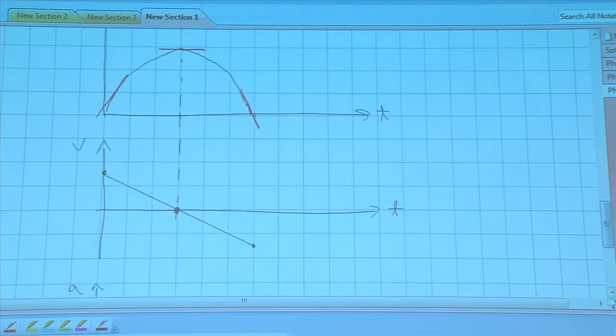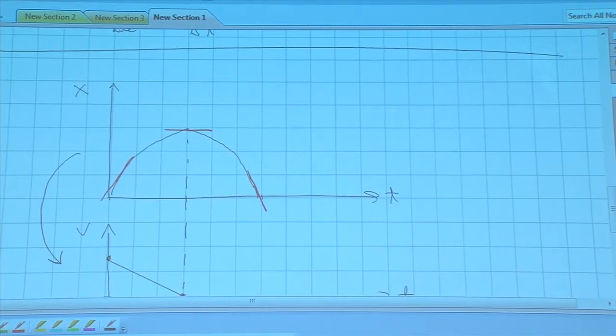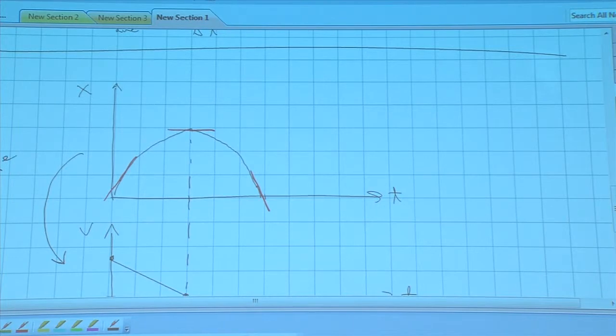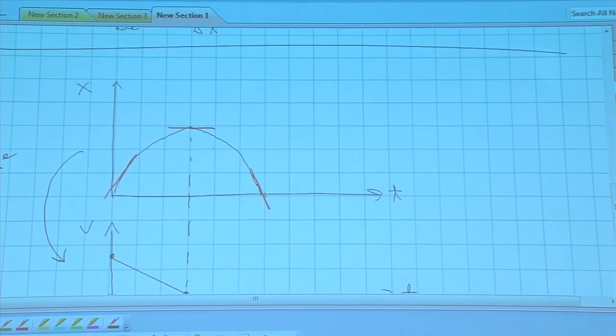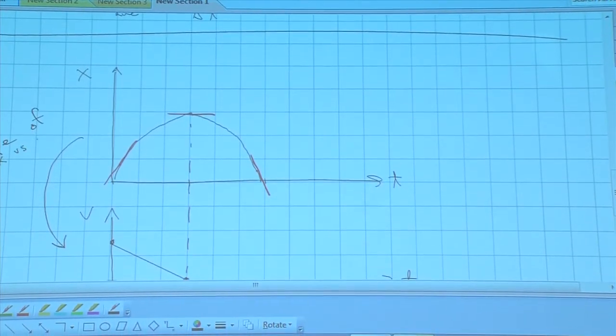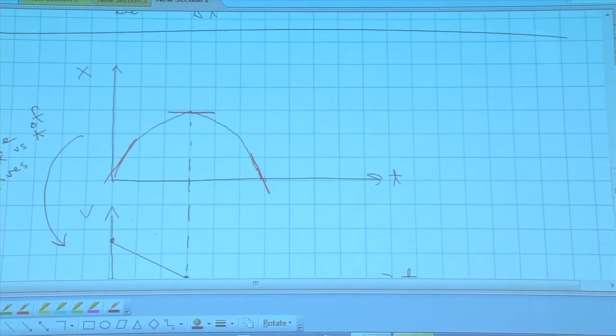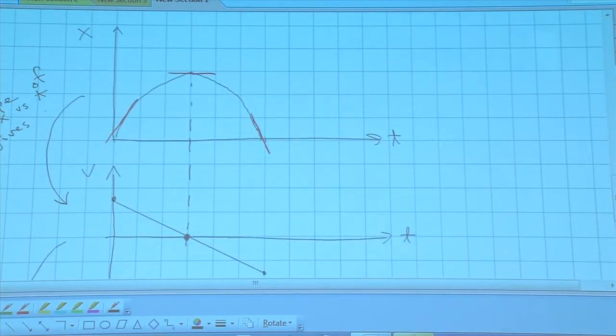So we just talked about slope. When you're going down, when you're going in this direction, the slope of the curve above gives the velocity at that instant.